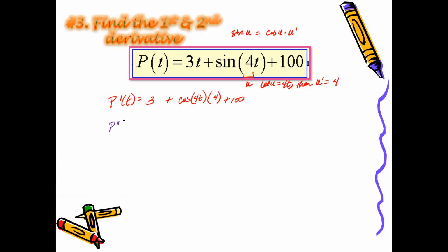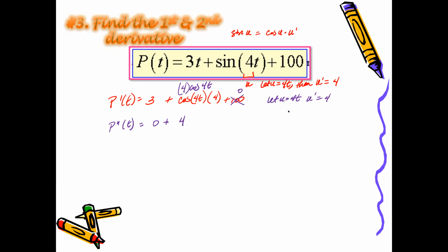Pretty simple for the most part. Now for your second derivative, the derivative of 3 gives you a 0, sorry. 0 plus, now here you should be able to rewrite it as 4 cosine 4t, okay? And so you could leave that 4 right there because it's just a constant. So let's say u is 4t, then u prime is 4.